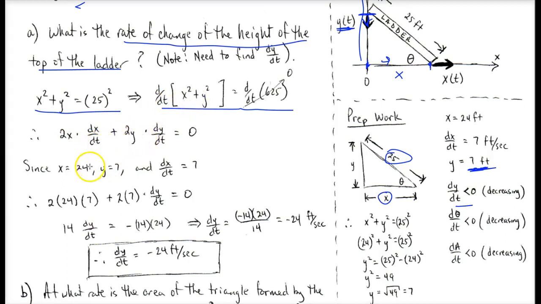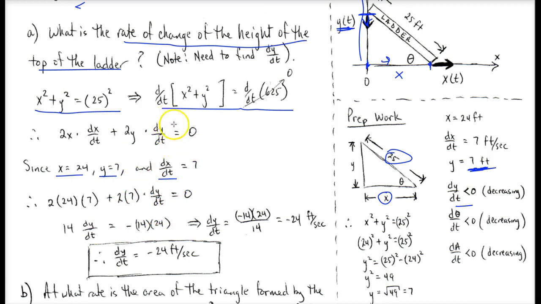And so we notice that since we have a specific value for x, a specific value for y, and we also have what dx over dt is, because we know that the base of the ladder is increasing at a rate of 7 feet per second, we can plug all that stuff in to our equation.